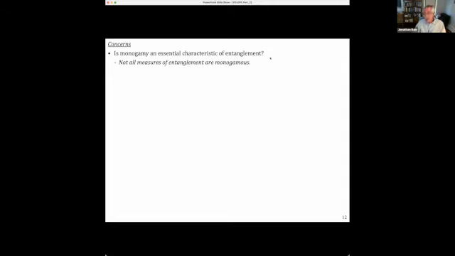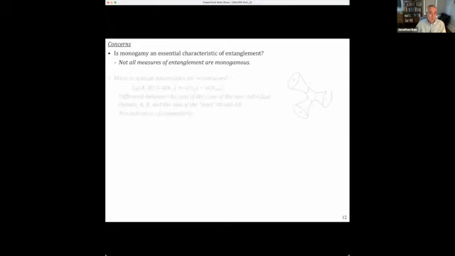On the other hand, if we're advocates of ER equals EPR, we might take this just to indicate that the duality embodied in ER equals EPR is for a particular type of entanglement, namely, that type that does satisfy a monogamy constraint.